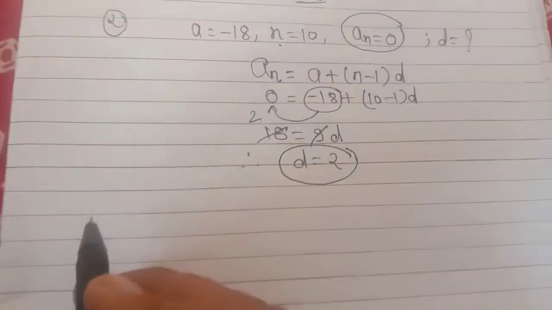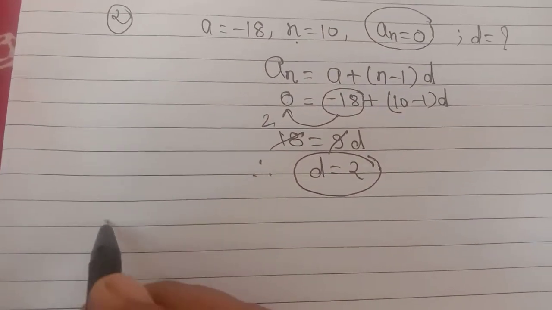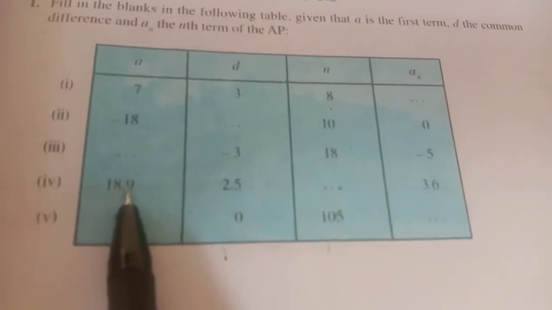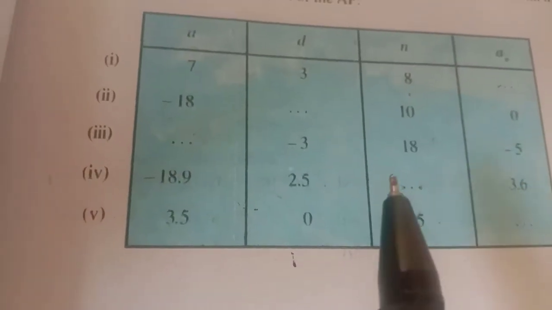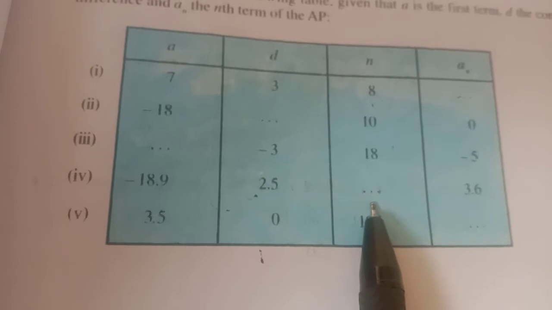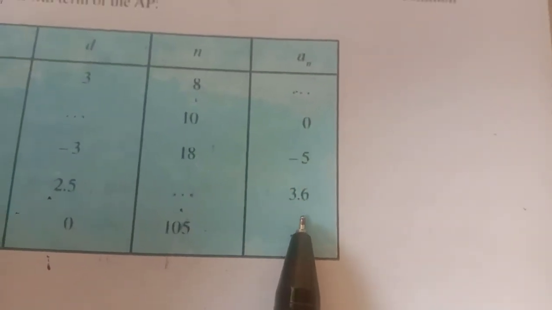One more question I will do for you. I am doing the fourth one. The remaining questions you have to do as an assignment. In the fourth question you will observe that the value of A is given, it is minus 18.9 and D is given as 2.5. Now here N is not given, that is, you have to find the missing term when the last term is given as 3.6. So let's write down their values.